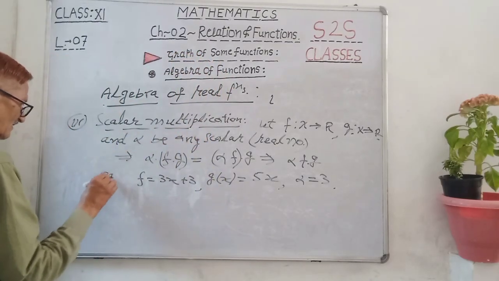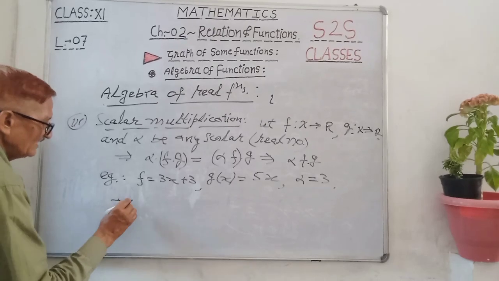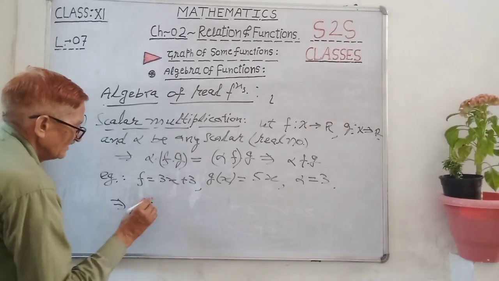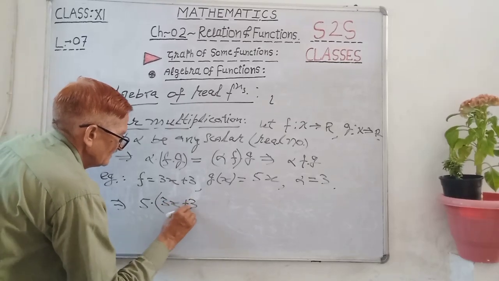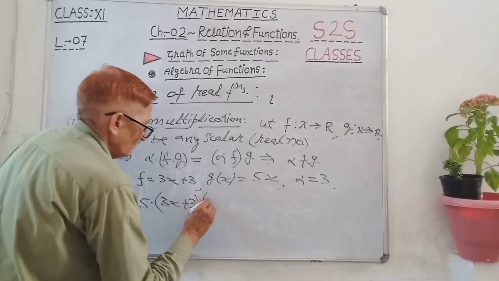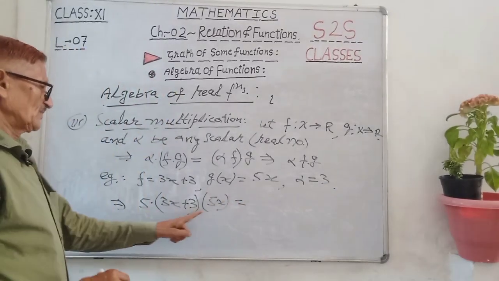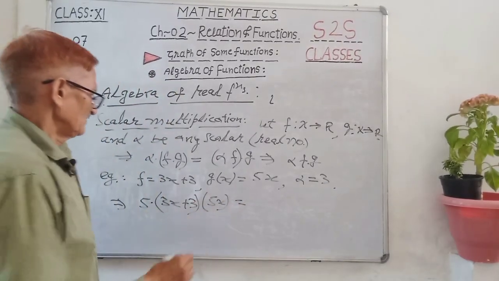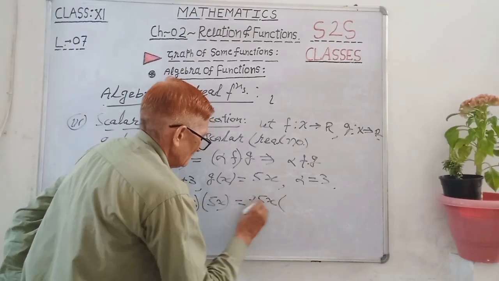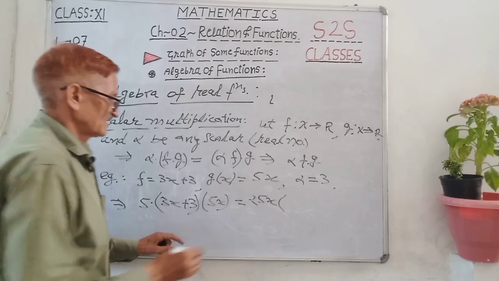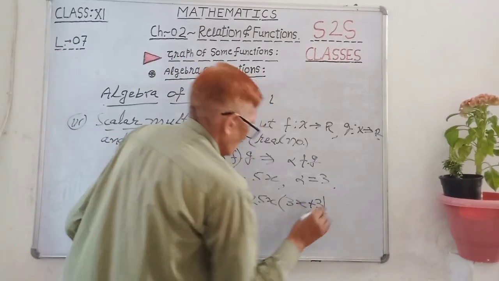Example. So this will be alpha into f(x) into g(x): 5 into (3x + 3) into 5x. Multiply this: 5 times 5x is 25x, so 25x into (3x + 3).